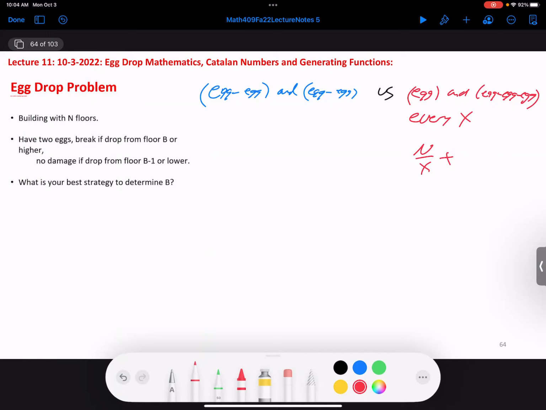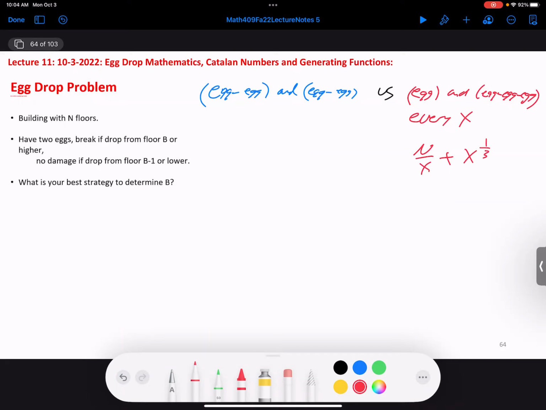So I think what was 2/3 was how many floors you go before you drop. I think x was n to the 2/3. Yes, and then since we have n over x, that will be something of size n to the 1/3. So we get something like n over x plus x to the 1/3.